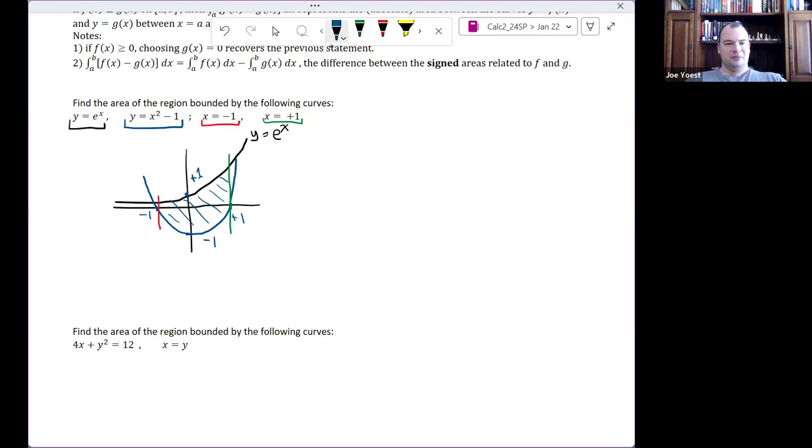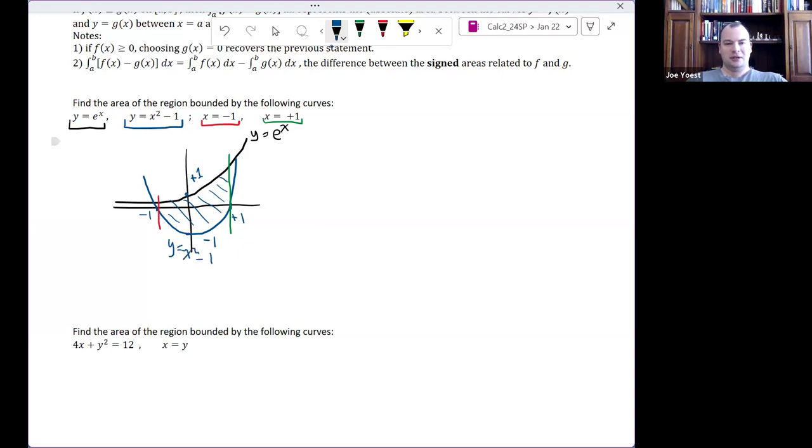And I see that from x equals -1 to +1, on that whole span, the curve y equals e to the x is the upper curve, and the curve y equals x squared minus 1 is the lower curve.